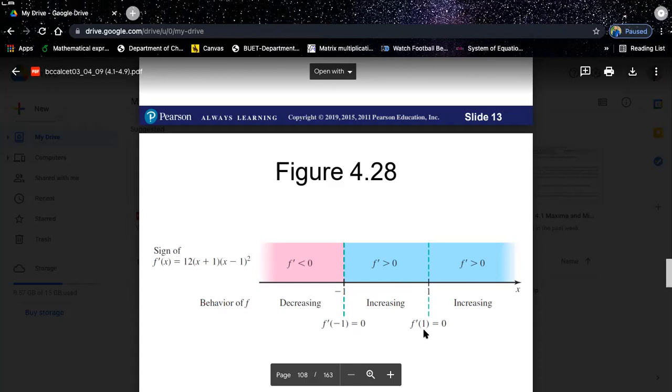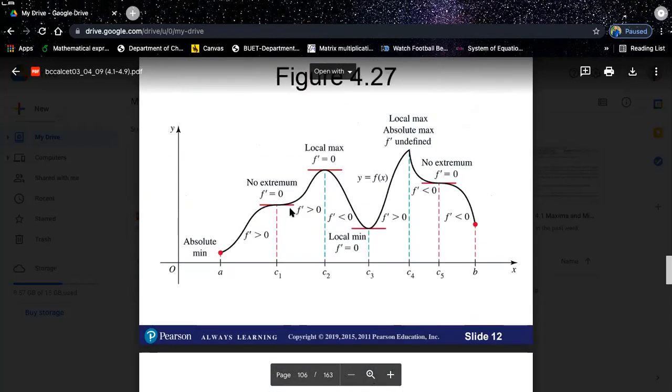That means we want to know the behavior before the point -1 and after the point -1, right? That means we want to pick some nearby points of -1 on each side, and see how the first derivative is behaving, like the way we have done it when the graph was given.